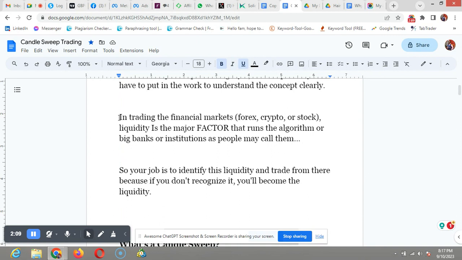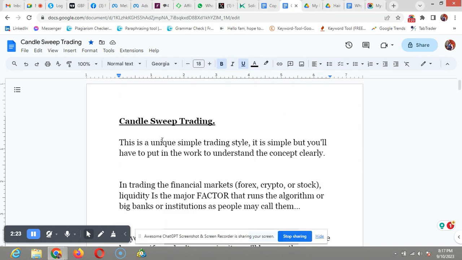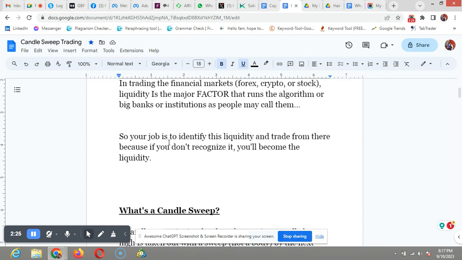So our job right now is to find this liquidity and trade from there. I hope this is clear. Like I said earlier, this trading system is called candle sweep trading. In trading, liquidity is very important.